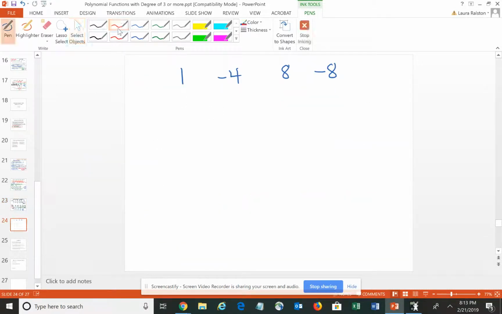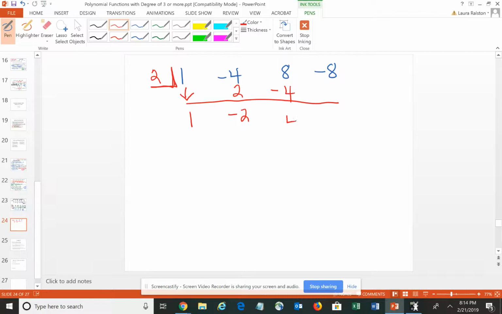Okay, so here again, we're going to start where we left off. Okay, we're not starting over. And I'm going to try the 2 again. I want to keep trying that 2 until it doesn't work anymore. Okay, so do the synthetic division again. Drop the 1. 1 times 2 is 2. Plus -4 is -2. 2 times -2 is -4.